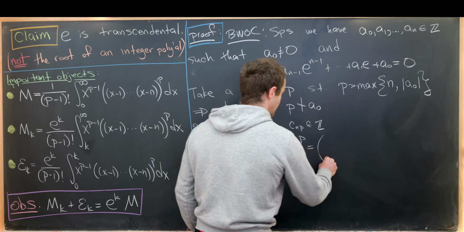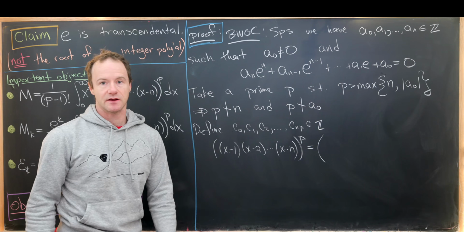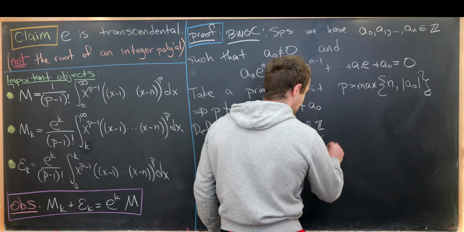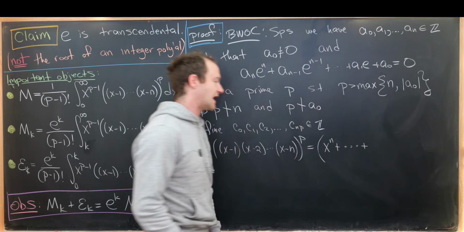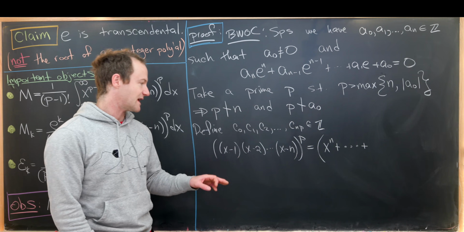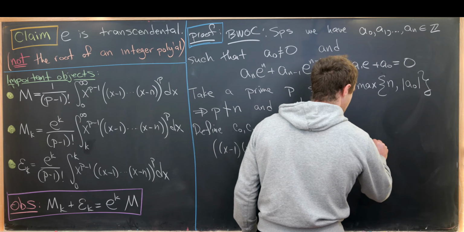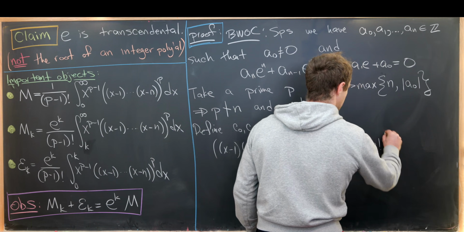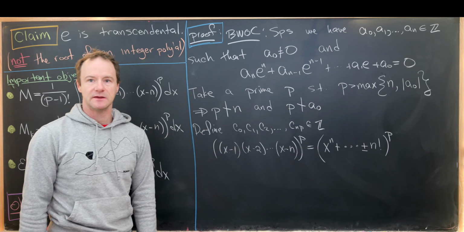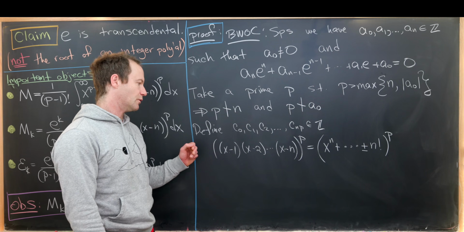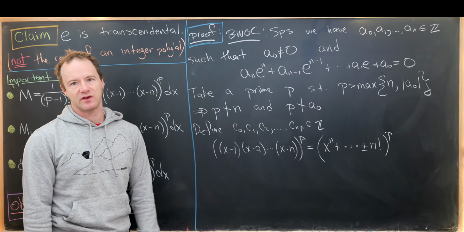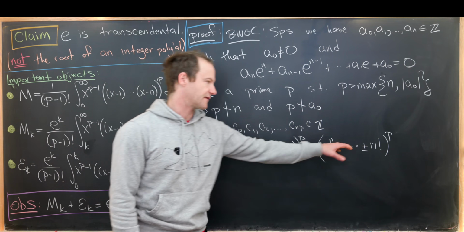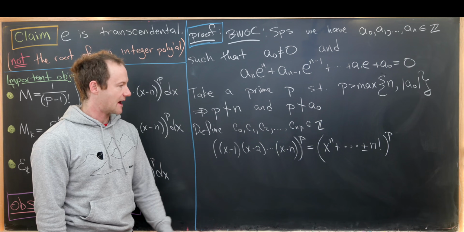First off, we can expand the inside here. Notice that'll give us x to the n plus a bunch of stuff that we don't actually care about, and then that will end with plus or minus n factorial. Then we have that all to the p. Obviously it will be a plus if we have an even n, and a minus if we have an odd n, but we actually don't care if it's plus or minus. We can just leave it like that.